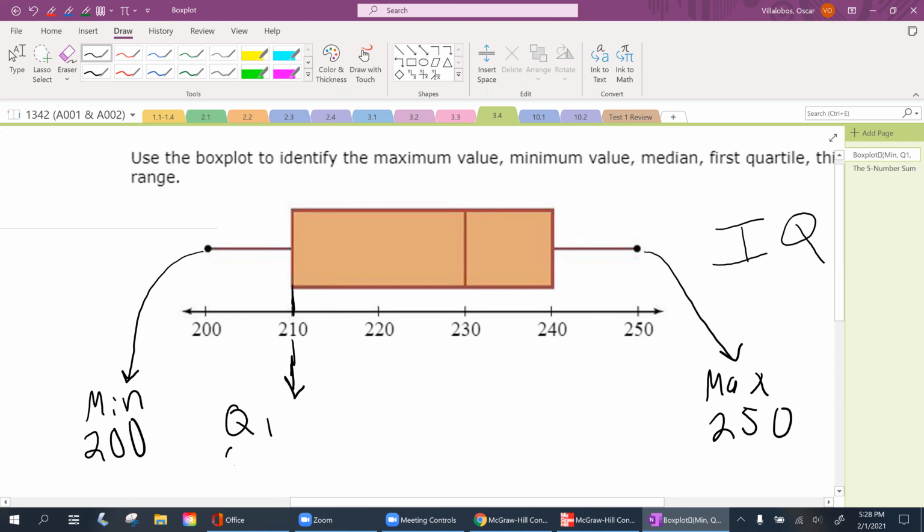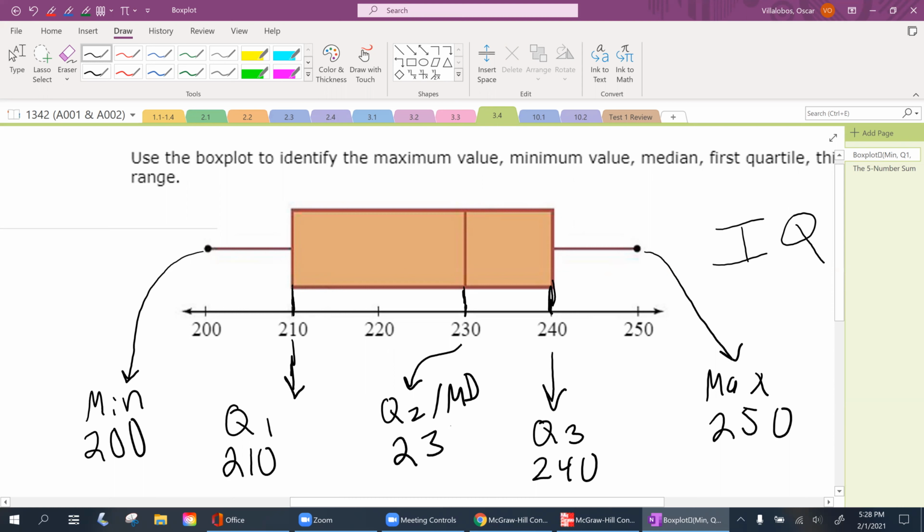That's going to be Q1. The outer edge of your box, what do we think that's going to be? It's going to be our Q3 at 240. And that vertical line on the box, that's going to be our Q2 or our median, and that's going to be 230.